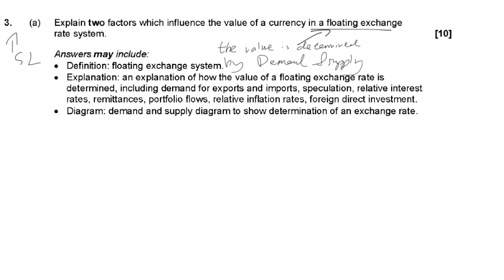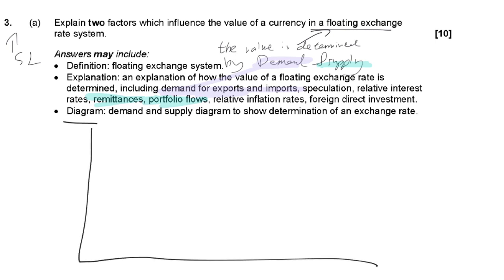You all know that, right? It depends on demand, including the demand for exports and imports, and also supply, for example, portfolio flows and remittances. So in your answer, you have to put down the factors affecting demand and supply. Now for the diagram, it's easy, right?